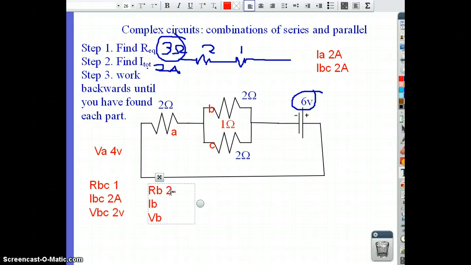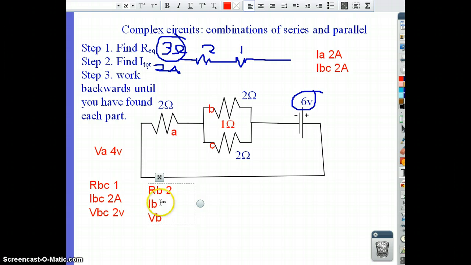Current B, voltage B. Well, let's use a rule. This is a parallel section. In a parallel, which of the two items is equal no matter what? Is it voltage being equal on both branches, or is it current being equal in both branches of parallel? Think for yourself for a second. It's voltage.